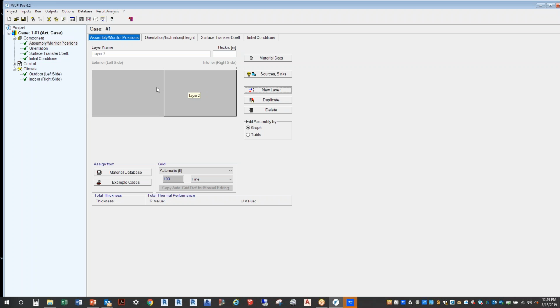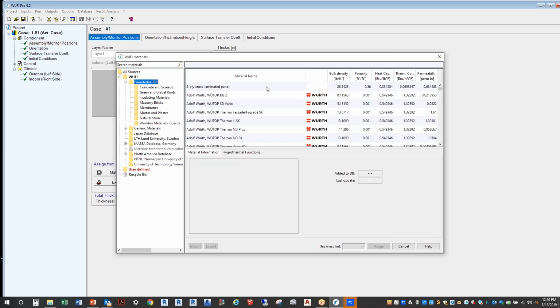Now you can see we have two layers. Let's add another layer and another layer. Let's say we have brick, airspace, rigid insulation, vapor barrier, and drywall.